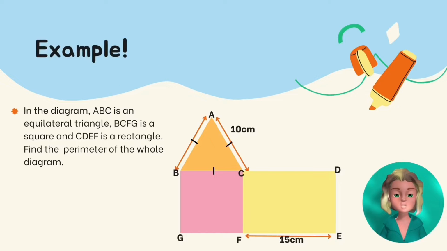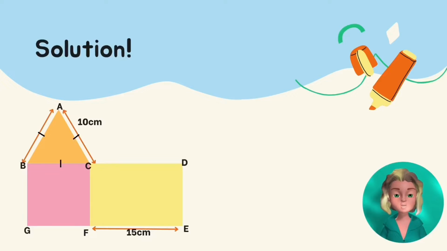Let's take a look at an example. In the diagram, ABC is an equilateral triangle, BCFG is a square, and CDEF is a rectangle. Find the perimeter of the whole diagram. Since we know the triangle is an equilateral triangle, this side AB will be 10 cm.